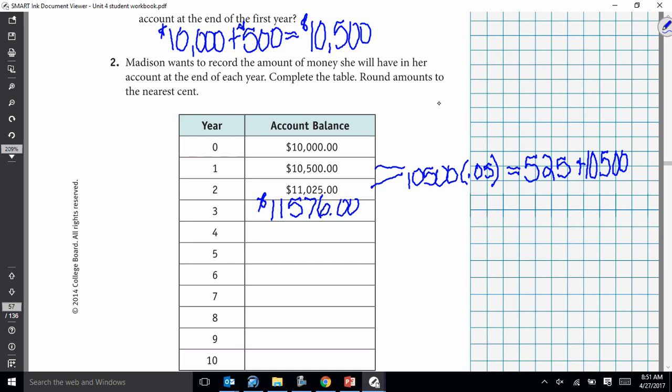Or, well, Madison is anyway. To the nearest cent.